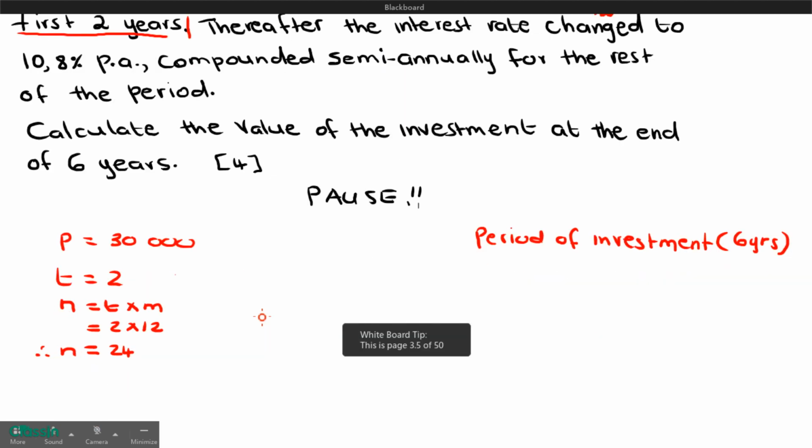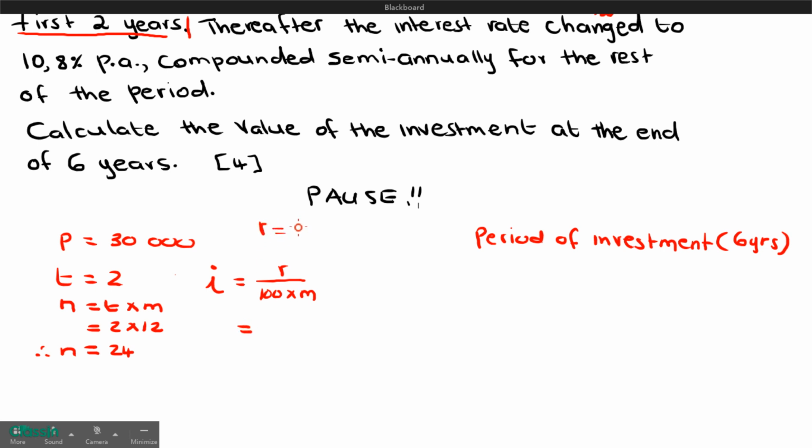But now, if we are going to introduce our I, it means that our I is going to be R over 100 multiplied by M. But they said that the investment and the interest of 12%, for how many years? For the first 2 years. Okay? So we have 12 over 100 multiplied by, how much is our M? Our M is here. We said that our M is 12. Therefore, we write 12 there.